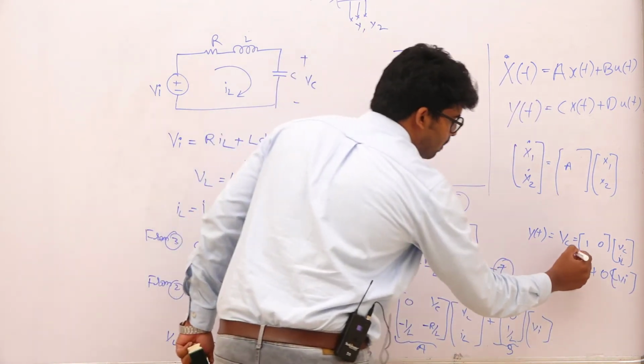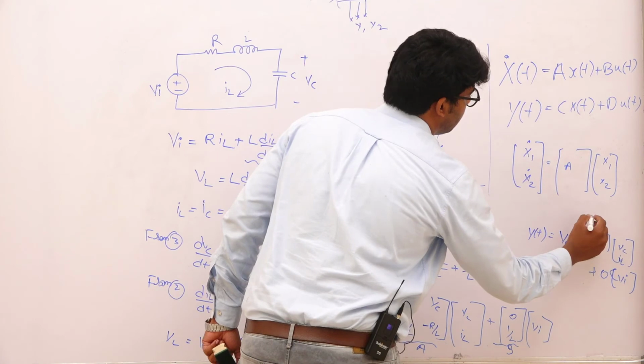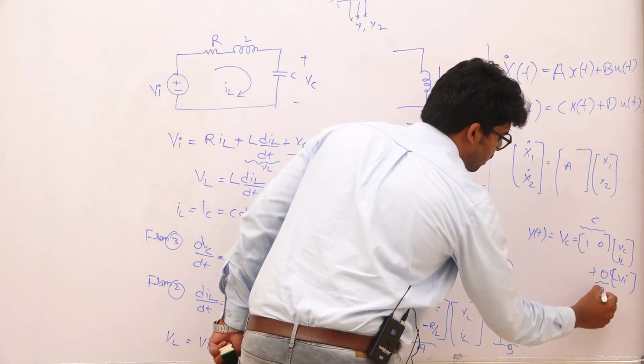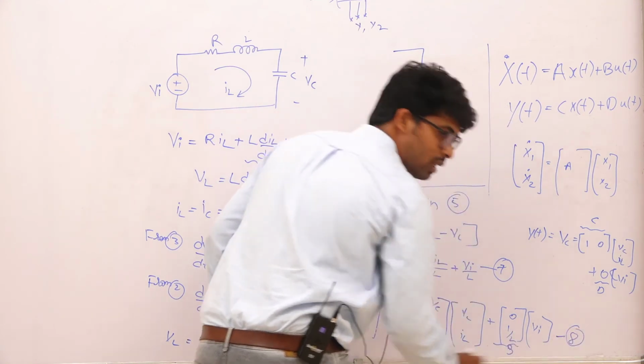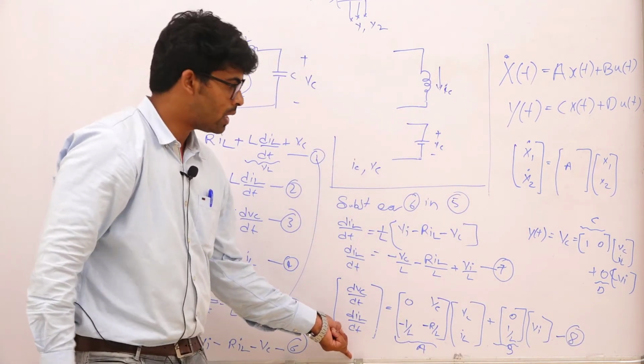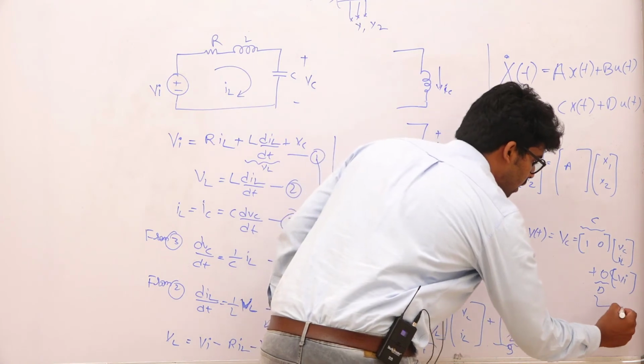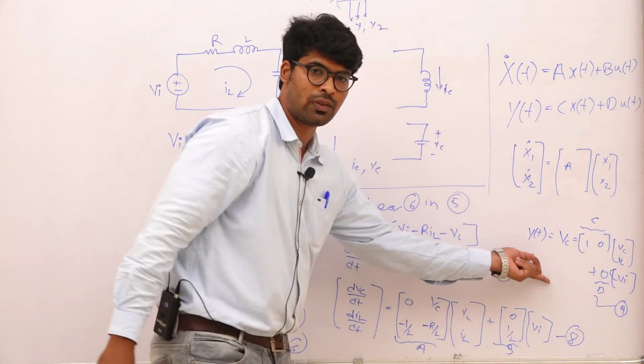So this is matrix C and this is matrix D. So equation 8 represents the state equation and equation 9 represents the output equation.